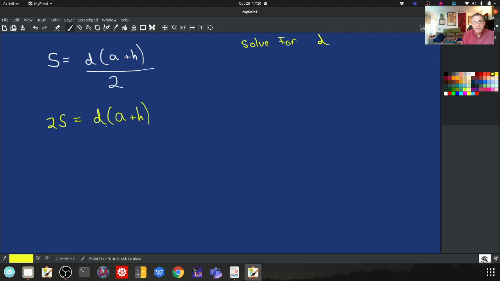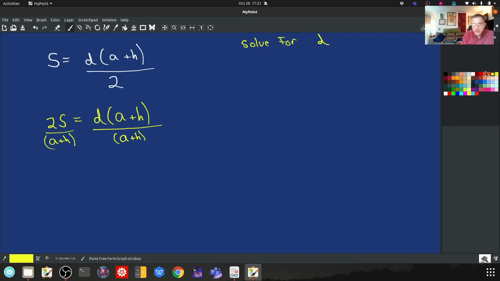Now if you want, you can write the variable you're going to solve for in a different color, because that's the one that has to be on one side of the equal sign all by itself. So in order to get the D by itself, I just divide both sides by A plus H. You can put it in parentheses as you want.